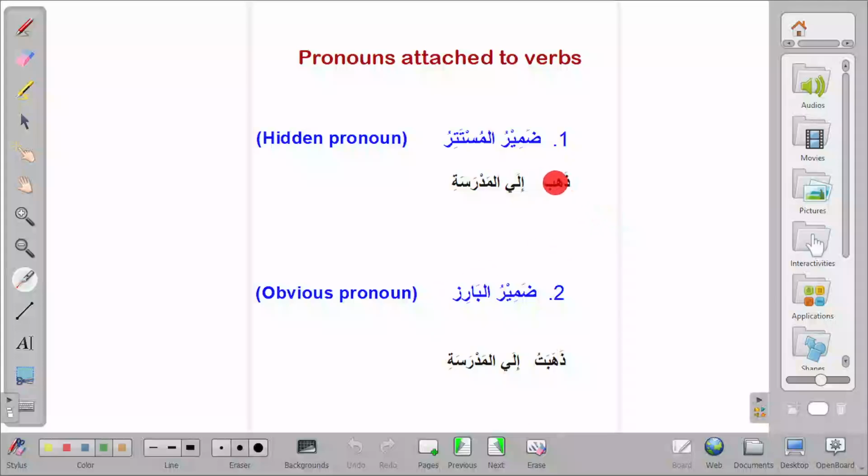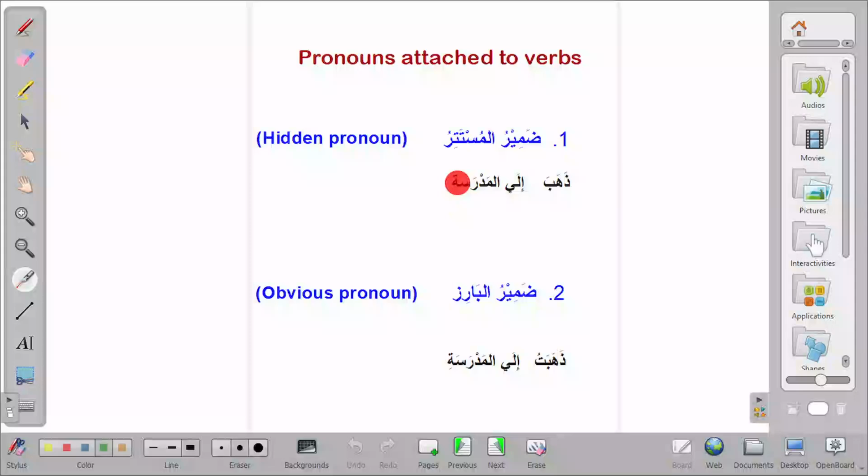Observe, this is an example. Assuming I make this particular example: zahaba ila al-madrasati. He went to the school. Zahaba ila al-madrasati. He went to the madrasa. This is a complete sentence, right?